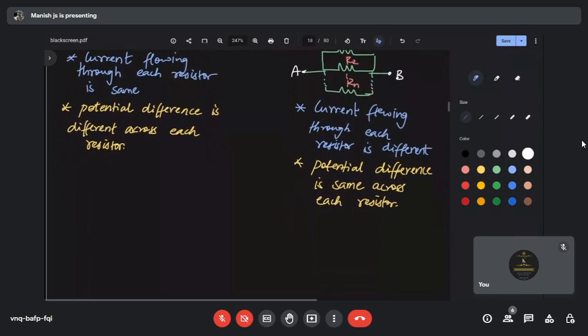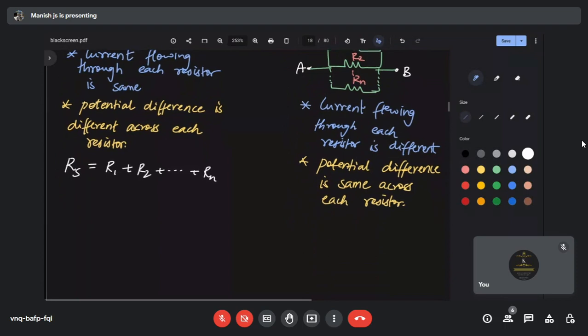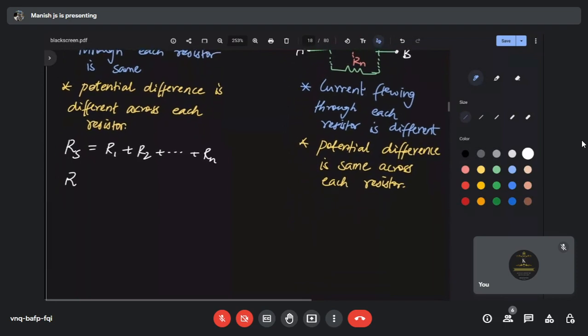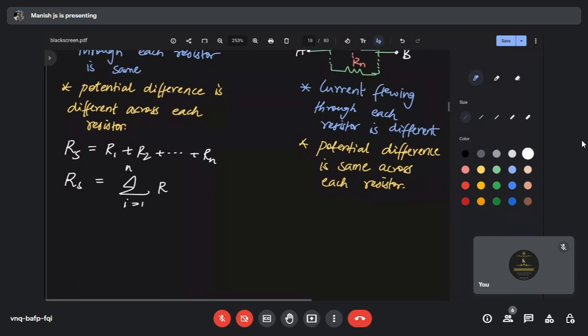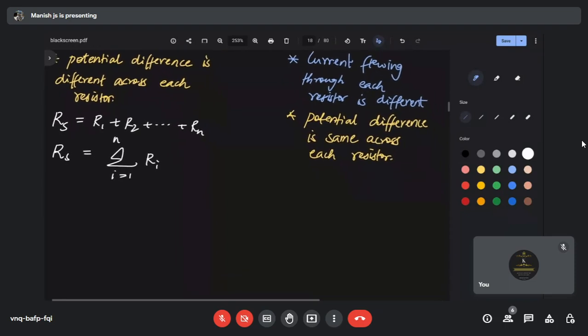Now going to the formulas for effective resistance in series, you can write Rs is equal to R1 plus R2, and so on up to Rn. You can use the summation operator for this: sigma i equals 1 to n of Ri. In the same way for parallel, you just need to take the reciprocal of that series.